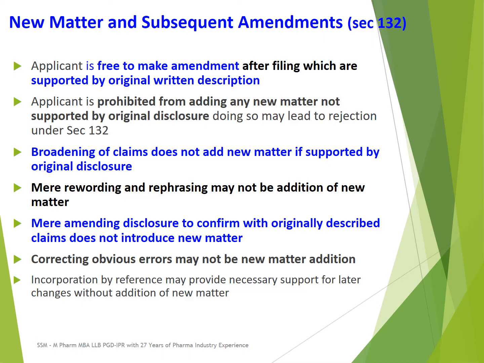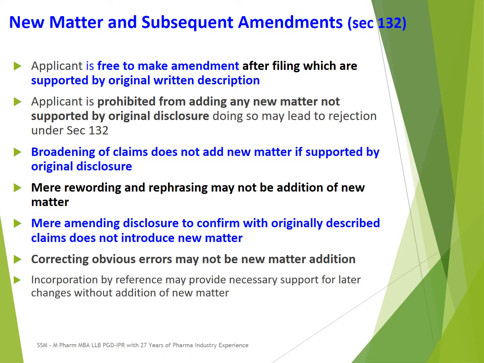You can make any amendment which is supported by the description section. The applicant is prohibited from adding new matter not supported by the original disclosure. You cannot add anything new which is not supported by your original disclosure in the description section, and doing so may lead to rejection of your application under section 132.